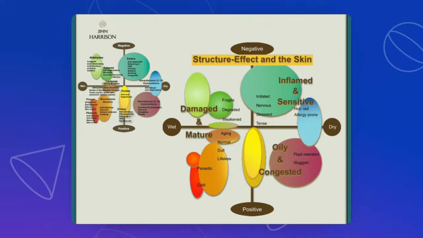They say, no, functional group theory is ridiculous and nonsense, throw it out. What functional group theory refers to is this chart, a structure effect diagram, mostly developed by Pierre Franchomme, who is kind of the French medical aromatherapist. He wrote the book on French medical clinical aromatherapy. And in that book, he developed what's called the structure effect diagram.